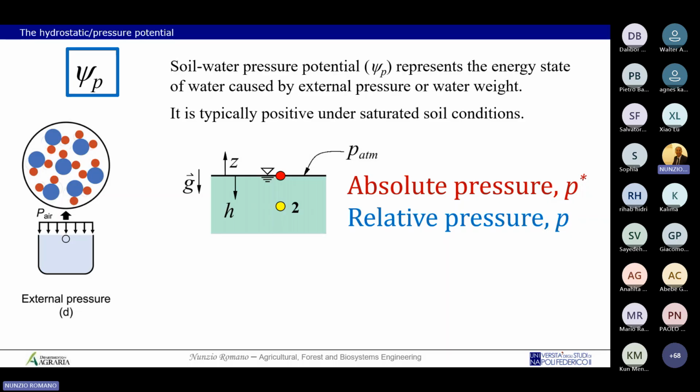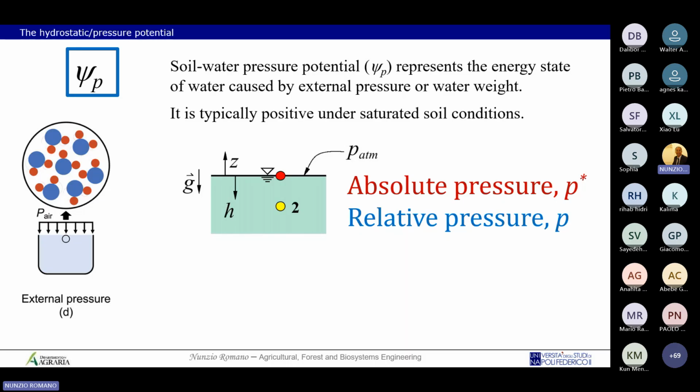Now we talk a little bit about the pressure potential, the hydrostatic potential, and you can refresh. I'm quite sure that you have talked about it in your previous studies, grammar school, I think, the high school, on hydrostatics and the pressure potential.